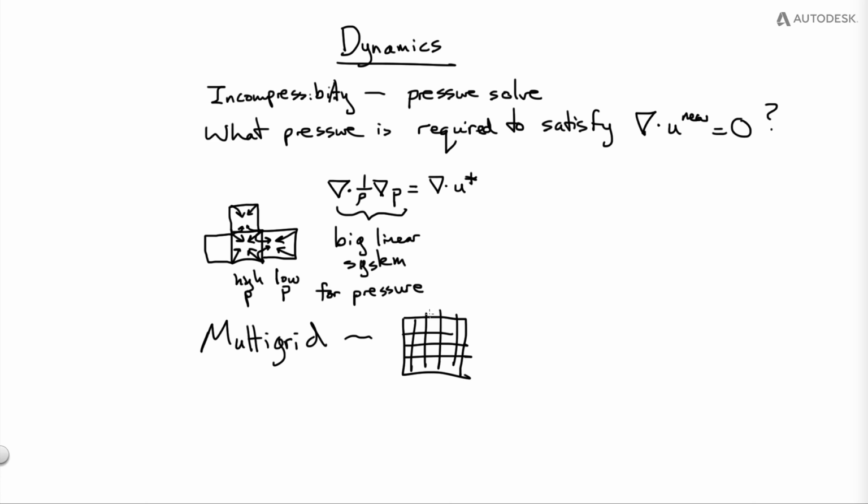So let me try and sketch this then. We do a cheap solve on very fine grids wherever it's refined. And then we transfer the error, which we think now should be smooth because we've fixed all the high resolution bits with a local thing, to a coarser grid, where we repeat the same thing. And now these big cells, when we do just nearest neighbors, are actually talking about larger skips in space.